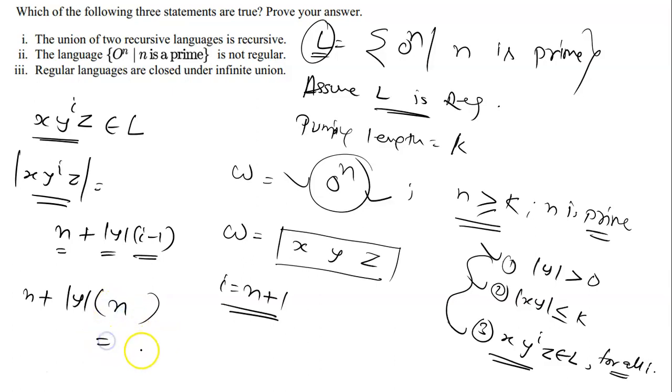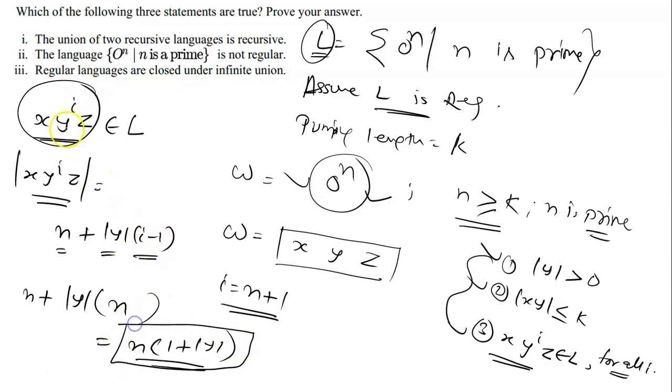So from here you can say n times (1 plus the length of y). So this string x y^i z has the length n times (1 plus the length of y).